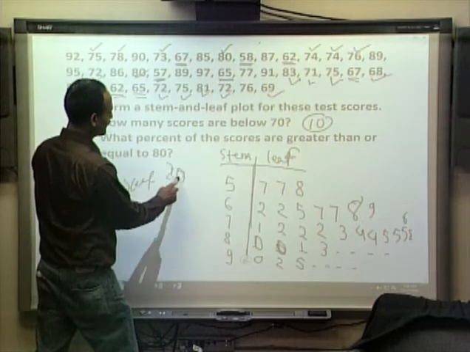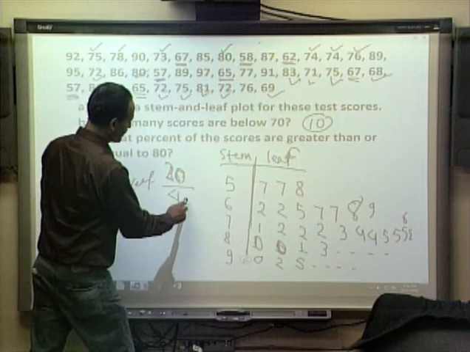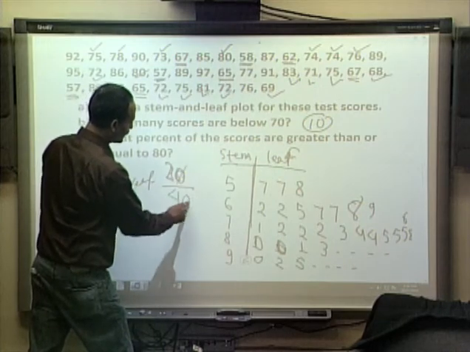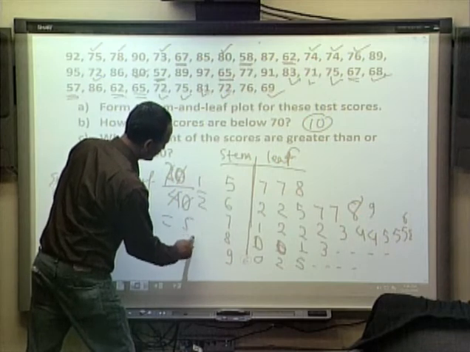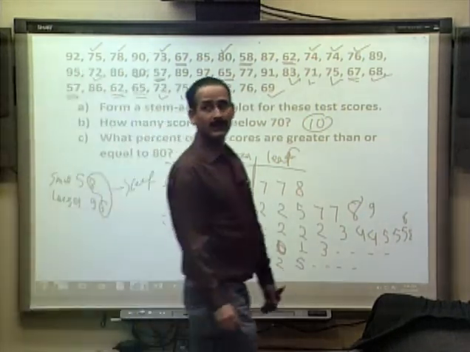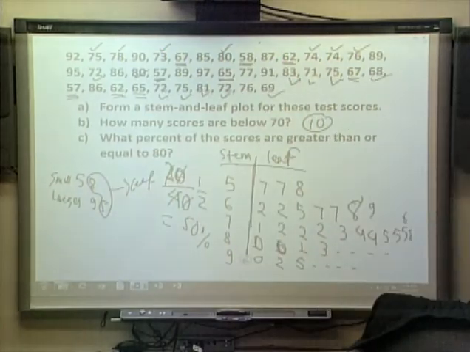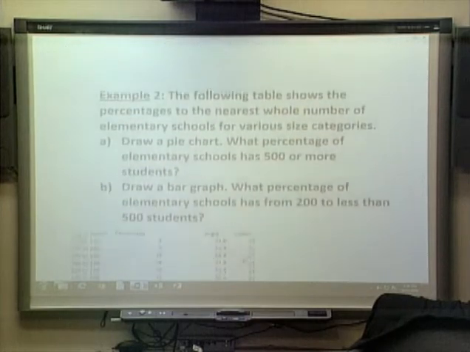In order to calculate the percentage, there are a total of 40 observations, so 20 by 40 is 1/2, which means 50%. This is how we construct a stem and leaf plot and use it to solve various questions associated with it.